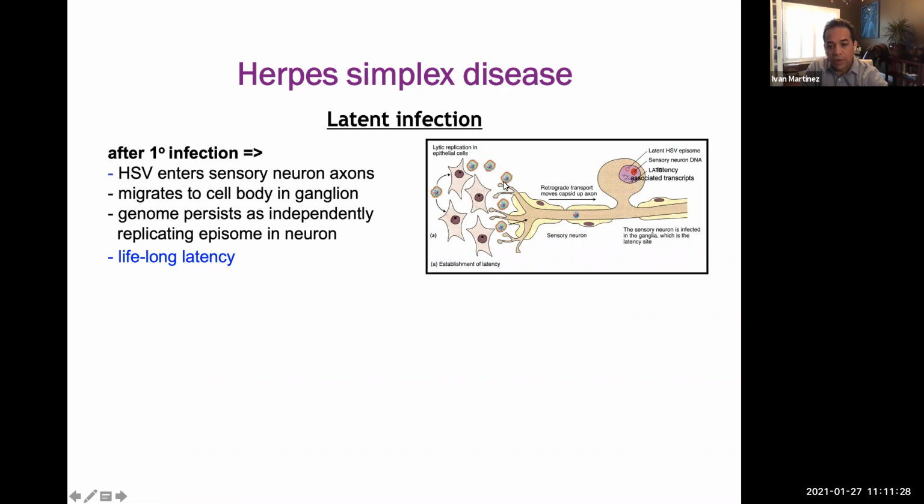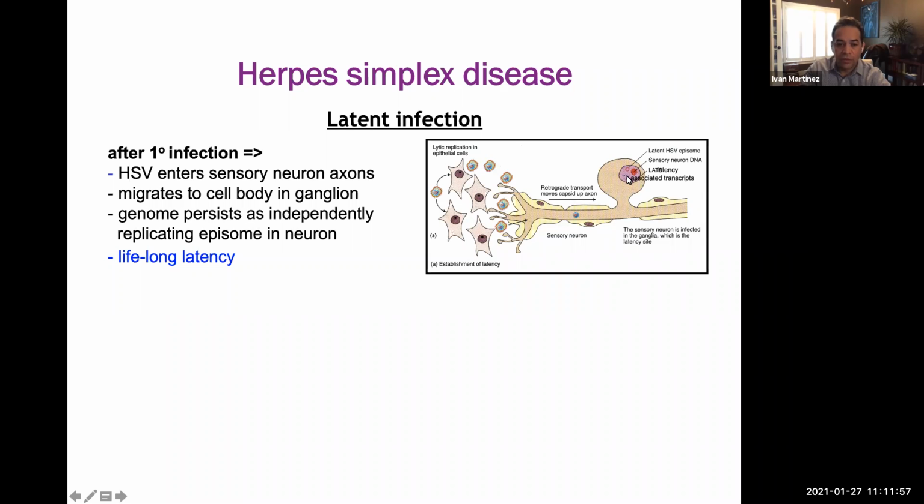But then the virus has the ability to get into sensory neurons, and in these neurons they can migrate all the way to the nucleus and stay there in a latent state, meaning their genome is almost completely dormant. So the moment they get there, it's almost impossible to get rid of them. There are no drugs or anything we know that is capable of getting rid of neurons that are infected with the virus.